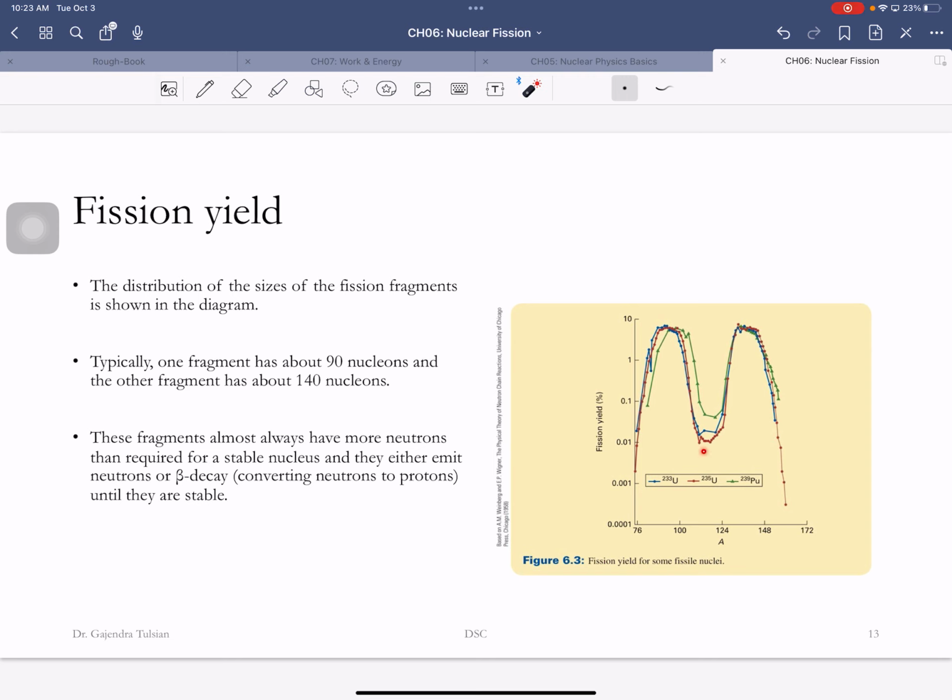This is the probability curve of what the pieces are. The highest probability is for these 2 pieces, but you can have this piece and this piece, and that piece and so on. So they're not always going to weigh the same. Well, the total number of protons and neutrons is going to be the same, yeah, but the chemicals are different. Right.